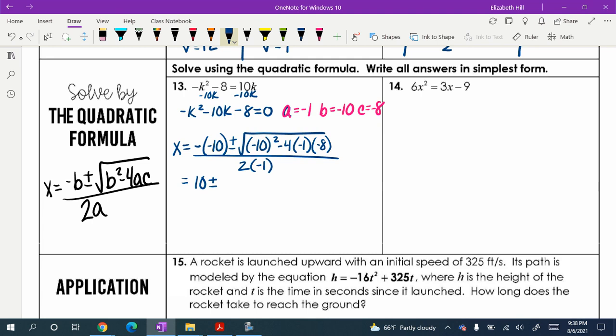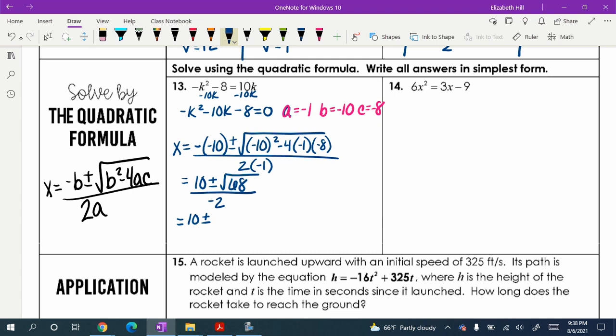So I get plus or minus the square root of 68 all over 2 times negative 1, so that'd be negative 2. All right, so then I just have to look at the 68. We can simplify this down. So 10 plus or minus the square root of 68, we can break that down into 4 and 17. And I'm just double checking real quick here. 100, yes, okay.